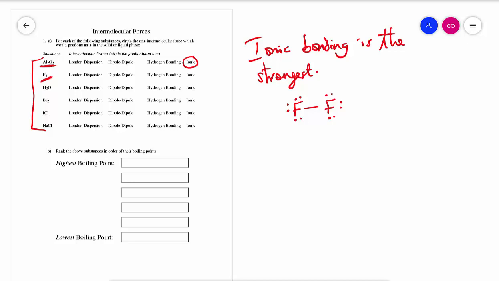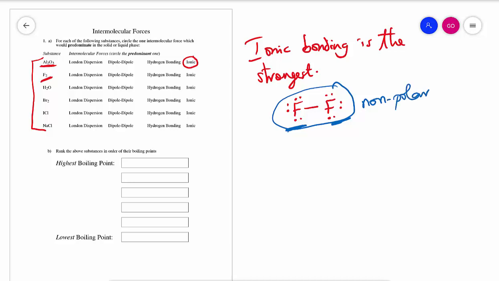Why does it not? The reason is because dipole-dipole is only found in polar compounds, and F2 is non-polar. Both fluorine are equally electronegative, so there is no polarity. This is a non-polar molecule.